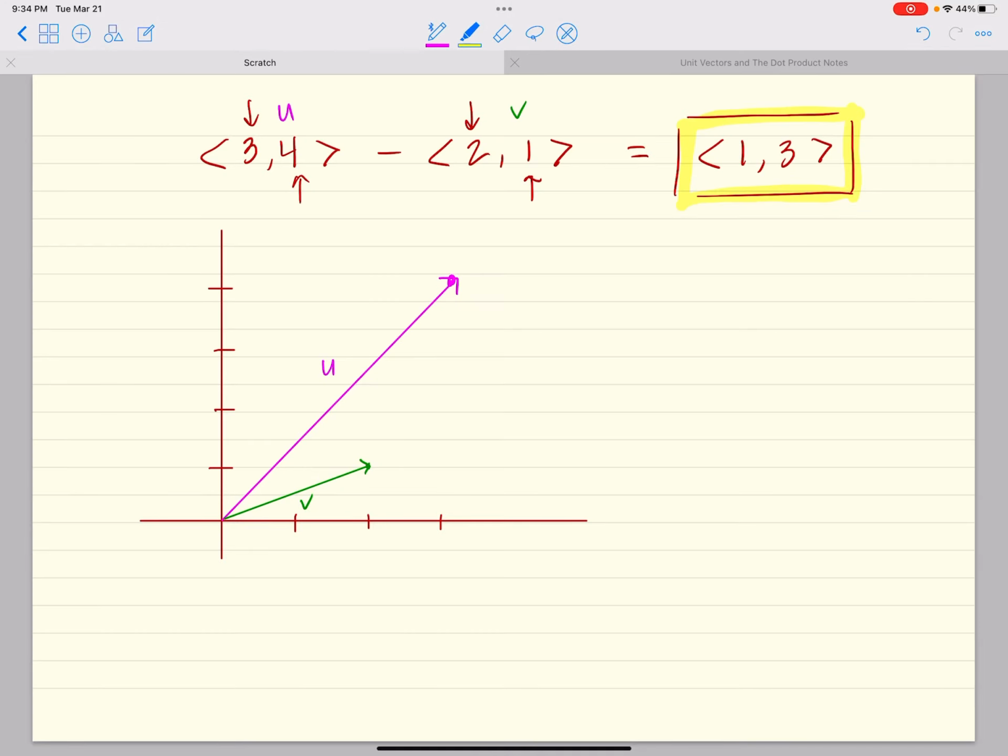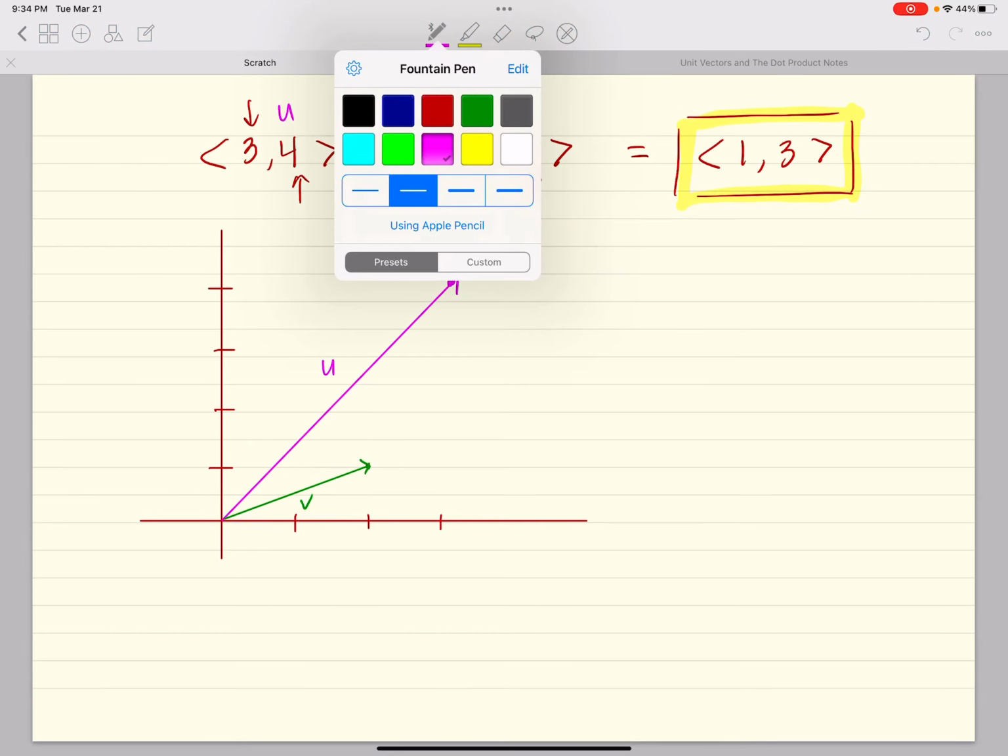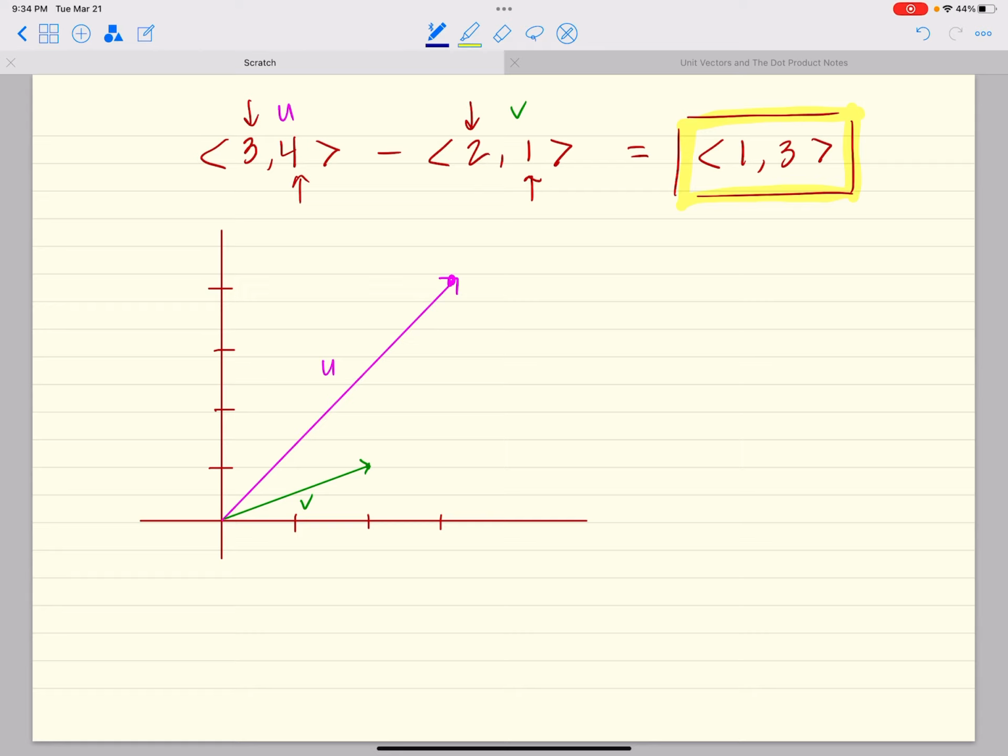So let me go back. If I did that here, if I connected the head of vector u with v, so if I started here at v and I went here to u and made a third vector, what would the component form of that vector be? Well, if I have to start here and end here, I have to go over 1 unit and I have to go up 3 units. So that component form would be 1, 3.